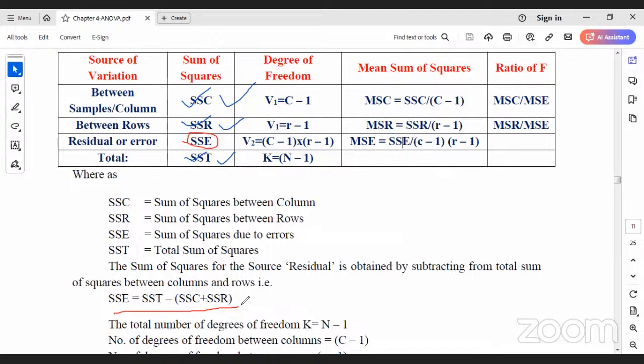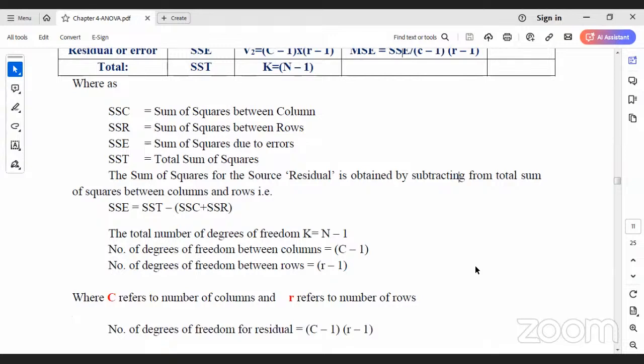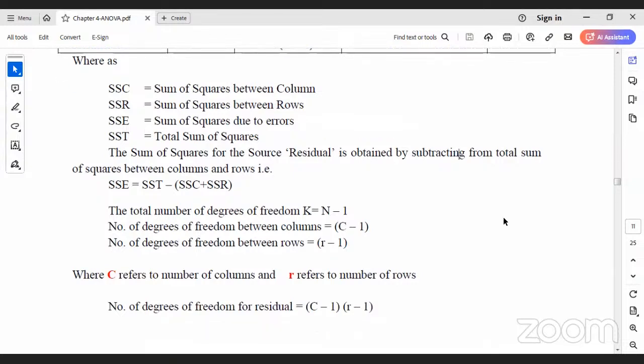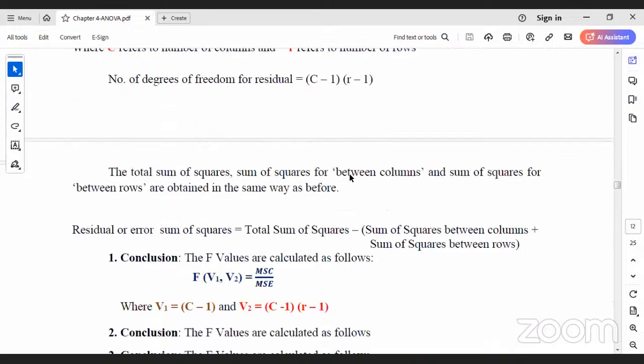Then the total number of degrees of freedom is K is equal to N minus 1. The number of degrees of freedom between columns is C minus 1. And the number of degrees of freedom between rows is R minus 1. Here C refers to the number of columns, R refers to the number of rows. Next one is the number of degrees of freedom for residual, that is C minus 1 into R minus 1.